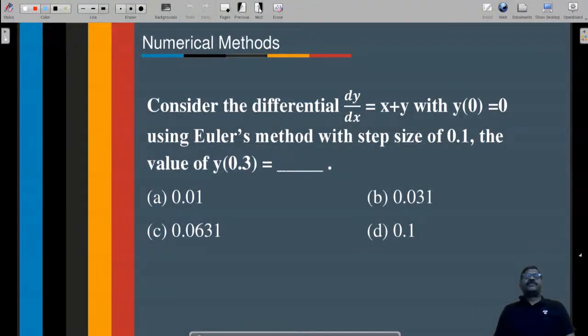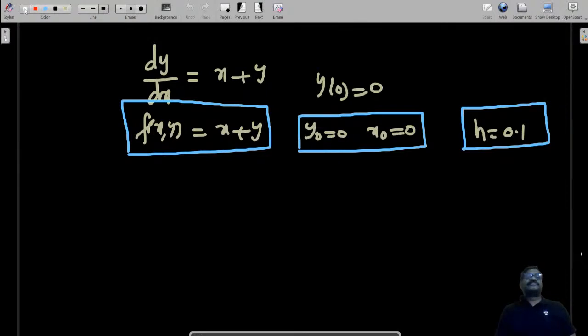Now we have to calculate y of 0.3. So 3 iterations are required. Now first iteration. y1 is y0 plus h of function of x0 y0.